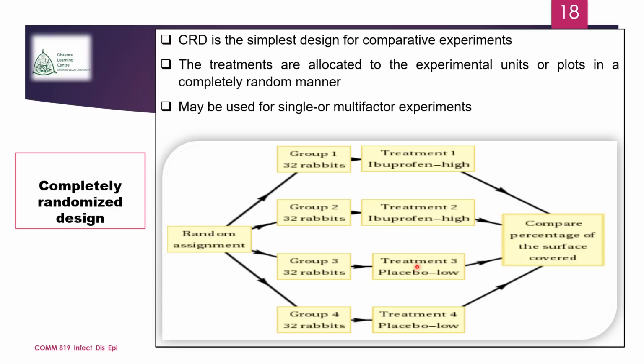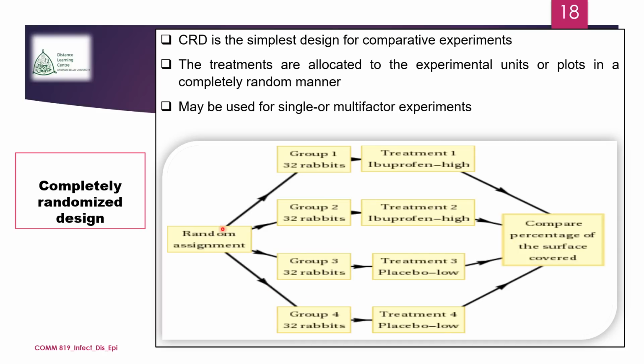Placebo is just a form of control. Maybe the same substance but devoid of the active ingredient contained. Maybe a normal saline. So it's a form of treatment. So you now compare the percentage surface covered by this. Okay, so this is a simple CRD.